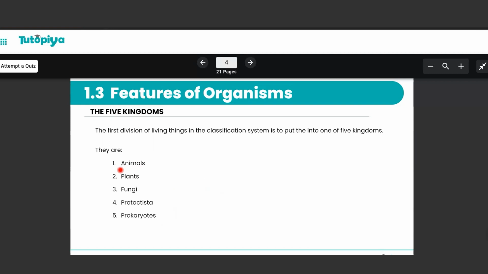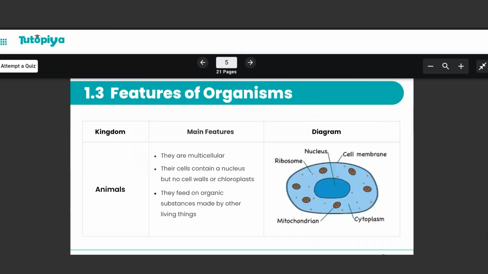When we talk about the animal kingdom, this is a kingdom that we are very familiar with. We know examples of many, many animals, and animals are usually easy to recognize because they are actively moving around. Let's first take a look at the main features of the animal kingdom.